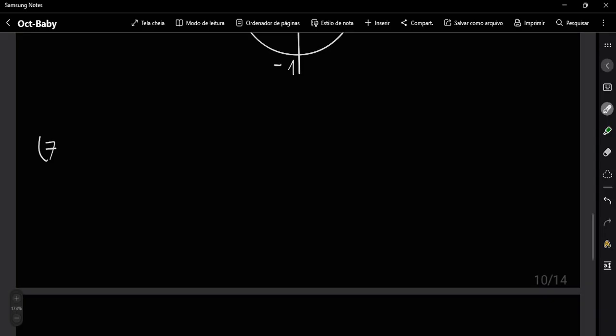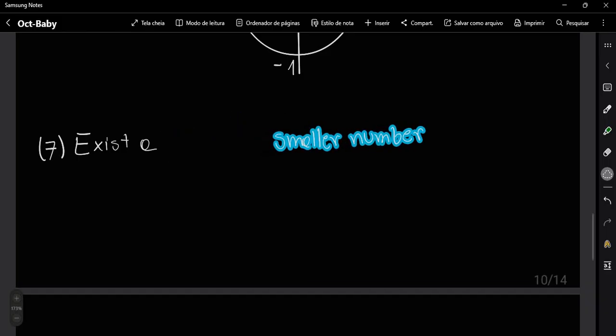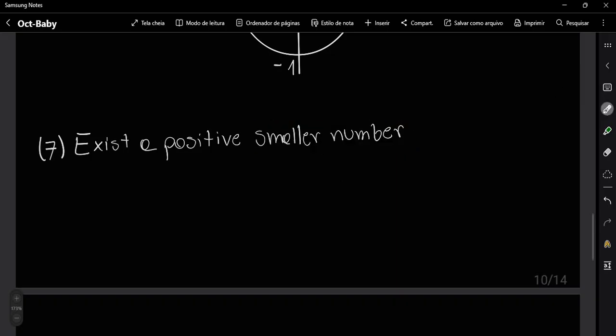So number 7 says that there exists a positive smaller number A such that cosine of A equals 0.